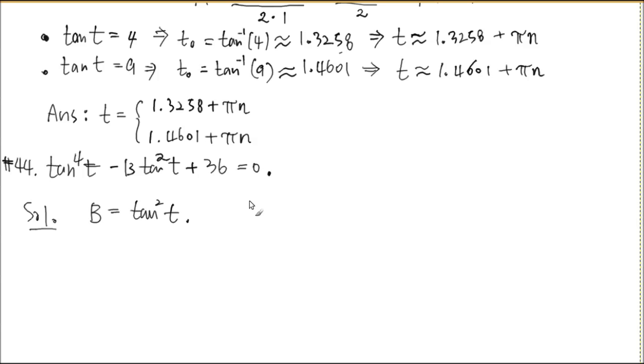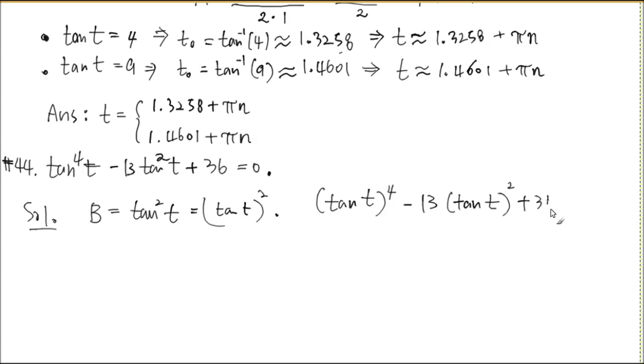Let's see how it fits in. This is our original equation. This tangent squared is really tangent t squared, right? That's what it means. And our equation here is really tangent to the 4th minus 13 tangent t squared plus 36 equals 0. One suggestion is to look at this tangent t squared and call that b.